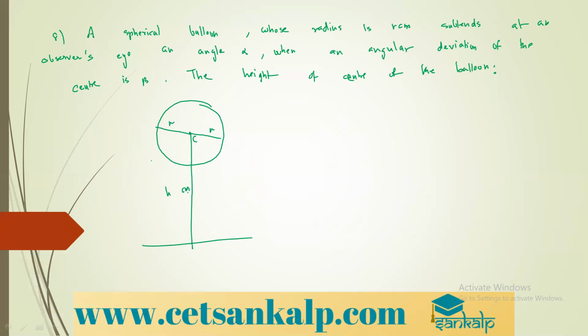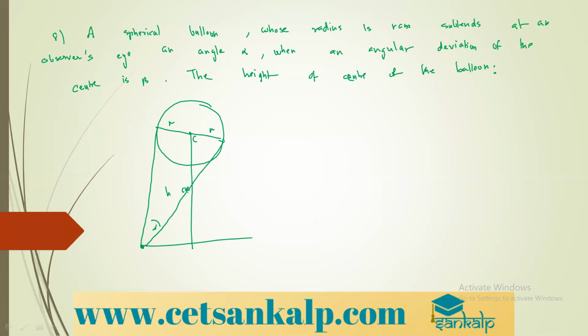So what did they say? A spherical balloon whose radius is r subtends at an observer's eye an angle alpha. So this is the person, this is the observer, where this diamond forms, makes an angle alpha. That is what they are saying.